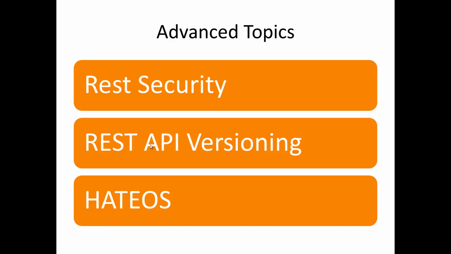So, for example, if you have an RPC call to deduct €5, then you would typically offer a link in your resource to that operation, deduct €5.